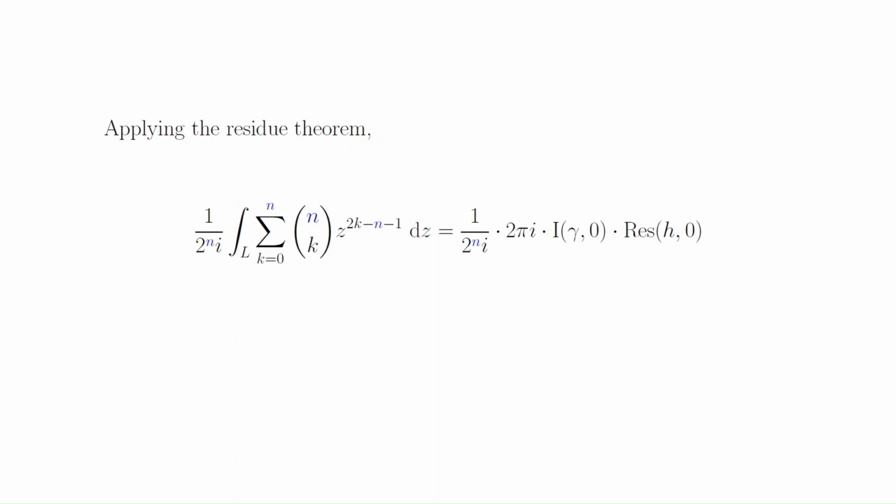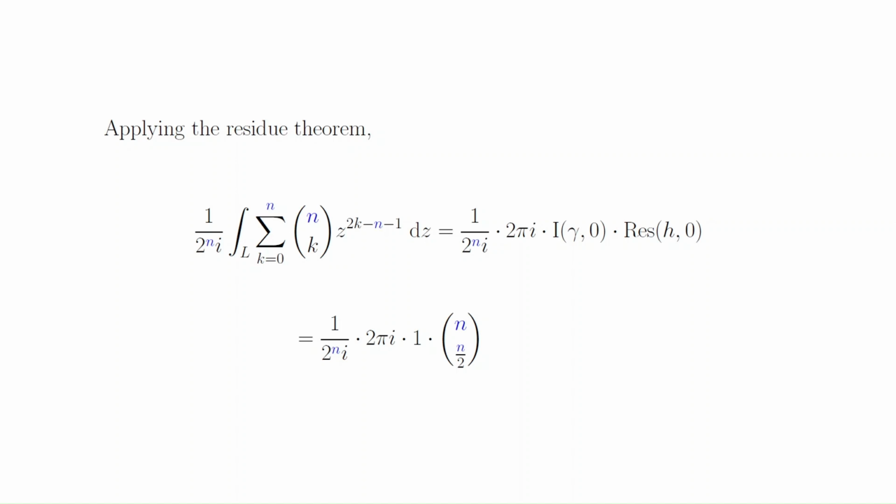So we have 1 over 2 to the n times I, which is the constant that we had at the front since the beginning, and the rest of the terms come from the residue theorem. We have 2 pi I times the winding number associated with the path of the unit circle and the singular point 0, times the residue associated with the integrand and the singular point 0.